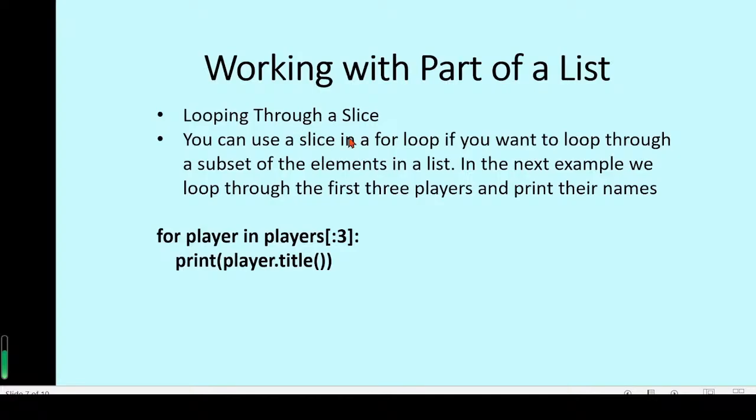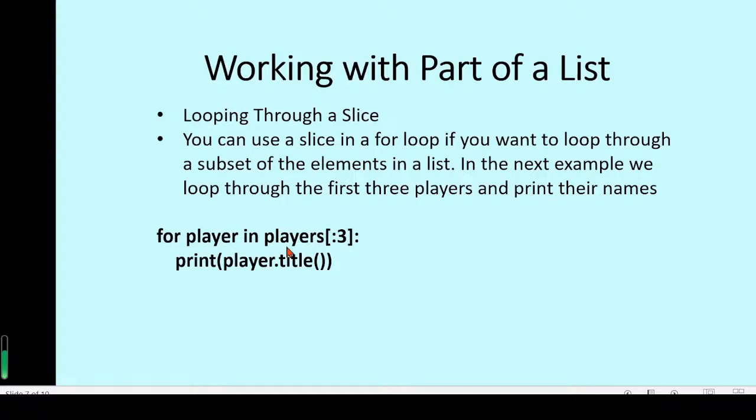And looping through a slice. You can also use a slice in a for loop if you want to loop through a subset of the elements in a list. In the next example, we loop through the first 3 players and print their names. For example, we can write for player in players[:3]. The slice gives the first to the third element of this list.